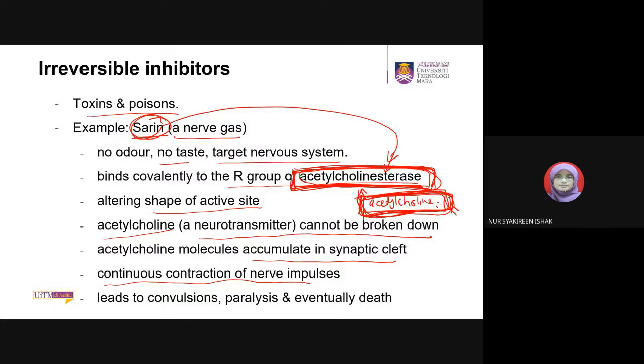Acetylcholine causes transmission of impulse between neuron and muscle. You do not want the transmission of the impulse to occur continuously, as it will cause convulsion, paresthesia, and eventually death. Continuous contraction, you do not want that. So you have to prevent the continuous transmission of impulse by breaking down the acetylcholine with the enzyme acetylcholinesterase.